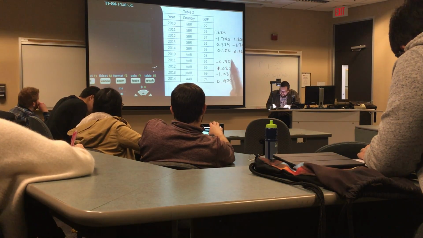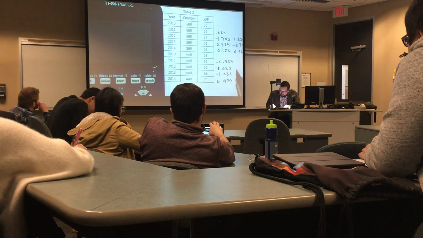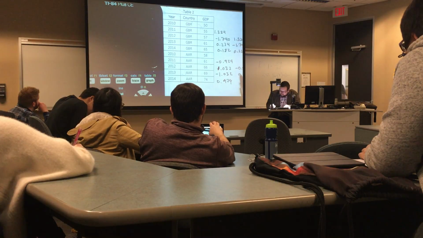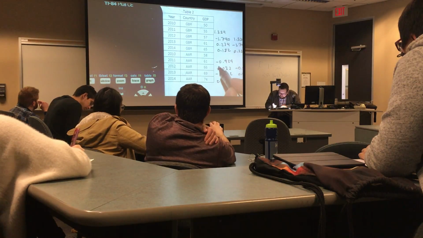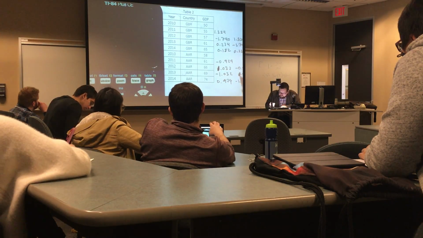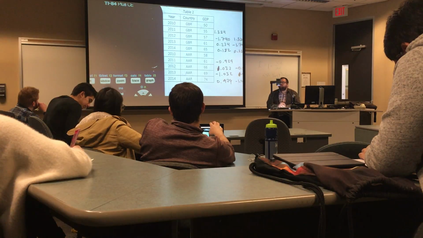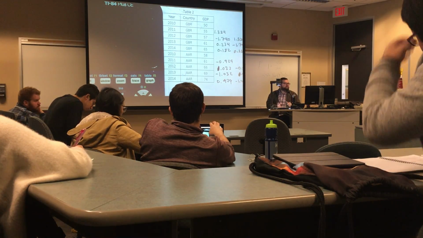The previous error term here doesn't exist. So then we get negative 0.989, 0.032, and negative 1.032. Oh, this is 1. Does that make sense?